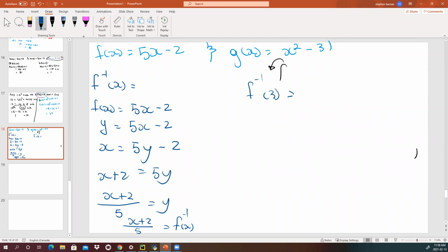So we found f inverse to be x plus 2 over 5. So we're just now substituting 3 into this inverse function, which is 3 plus 2 over 5, which is 5 over 5, which is 1. Yeah, that's 11:59 and we are done. Good. So any questions?